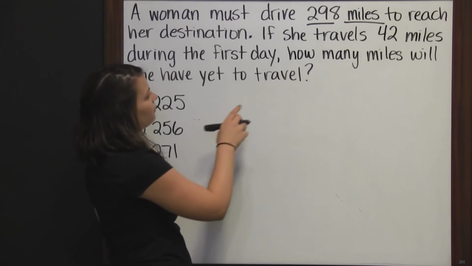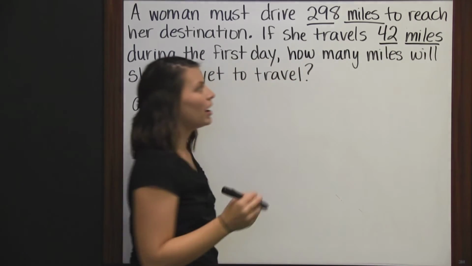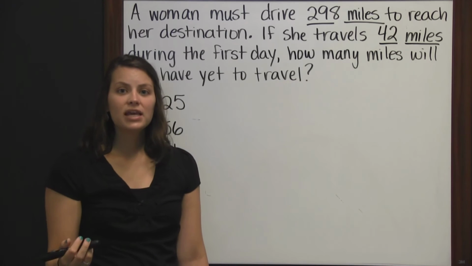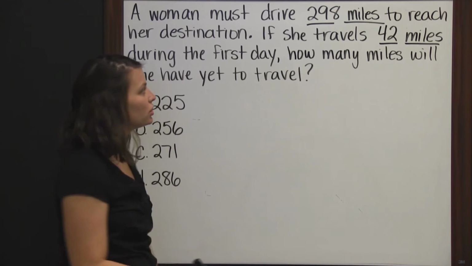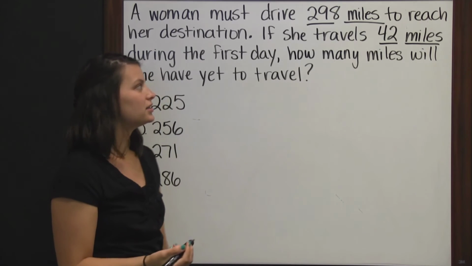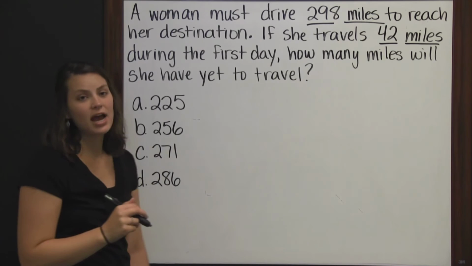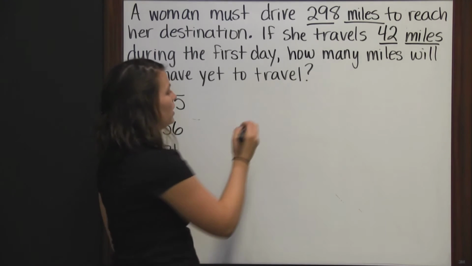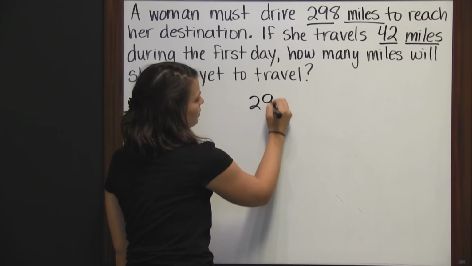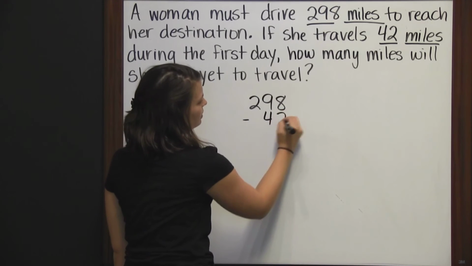It says on the first day, she drove 42 miles. So she's already taken care of 42 of those 298 miles that she has to travel. So if we want to figure out how many she has left, we need to subtract 298 minus 42.